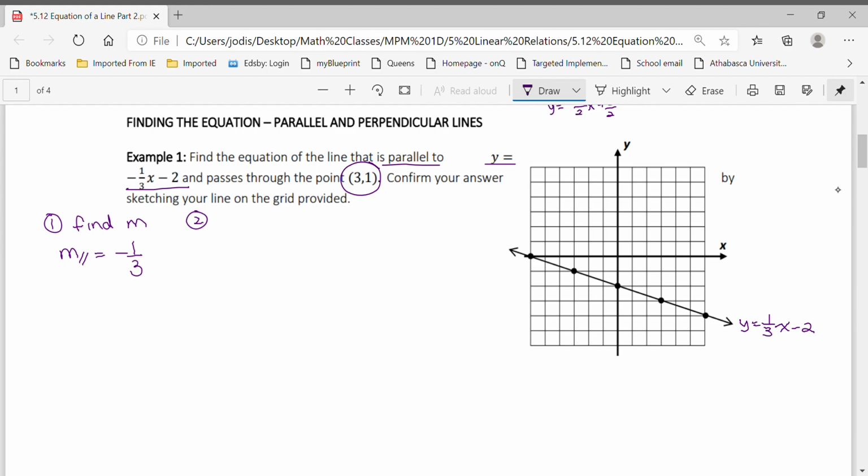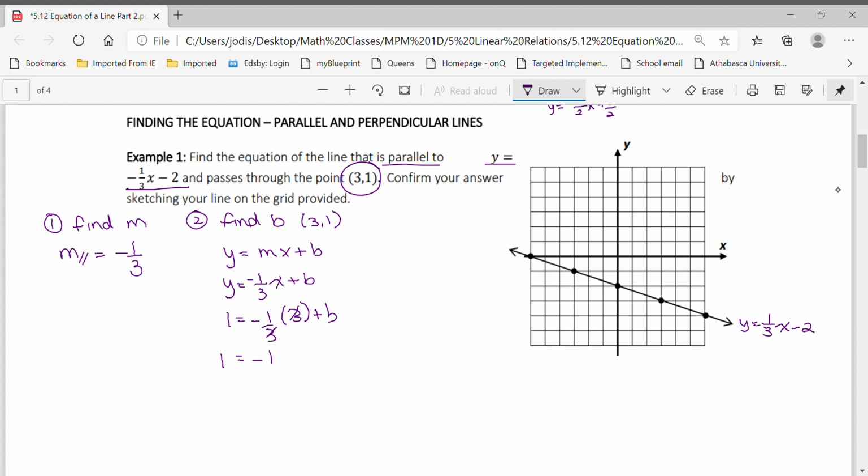Next, we need to find our y-intercept. So we also have this point 3, 1. So we're going to sub that point into our y equals mx plus b. So our m is -1/3 x, and we want to sub in our point. So y is 1, and x is 3.